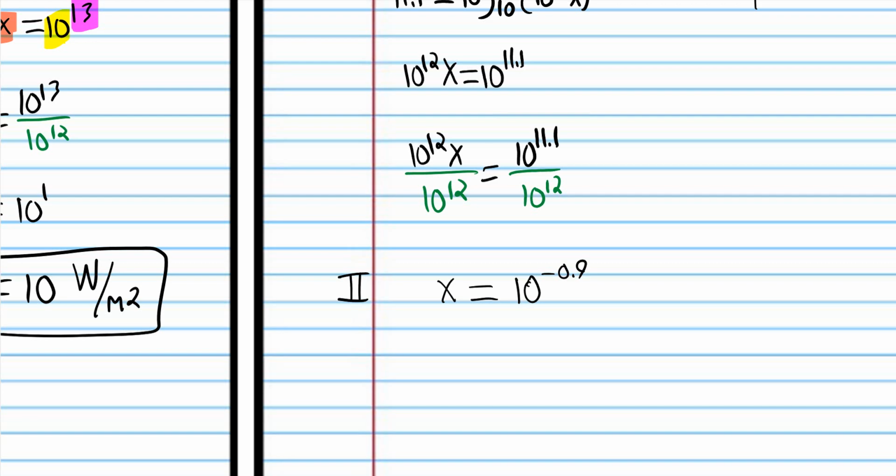So enter 10, and then the upside down V button is your exponent button. That's at the middle right of your TI-84 Plus. And then enter negative 0.9. And we get approximately 0.12589 watts per square meter.